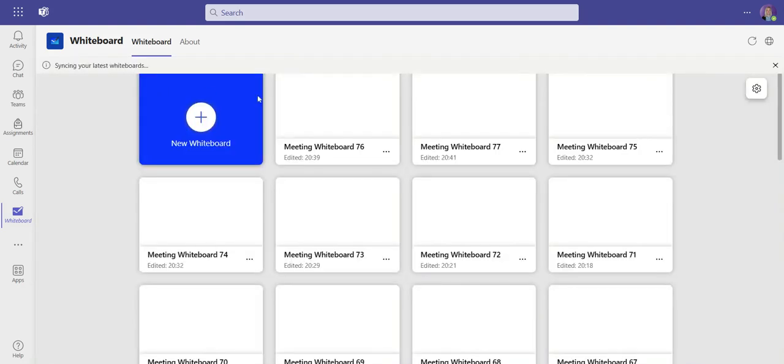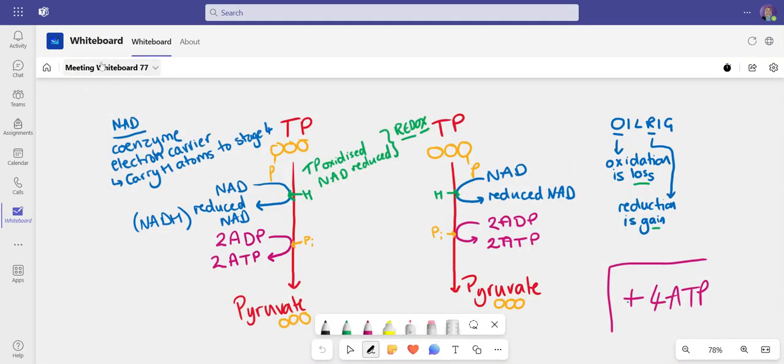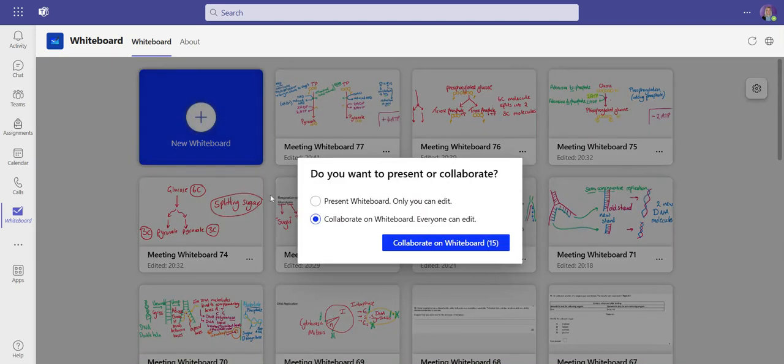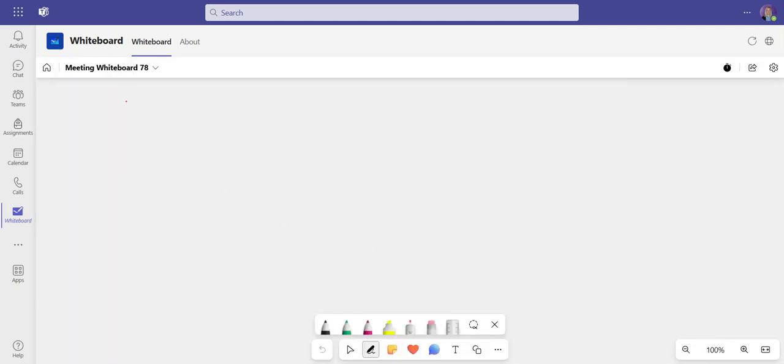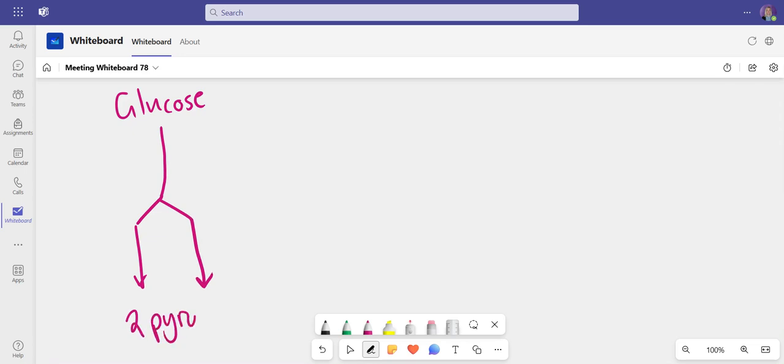So to summarise that again, just get a new board. We started with glucose. It went down, then it split, then it went down. And at the end, we ended up with 2 pyruvate. Up here, we had minus 2 ATP. We used 2 ATPs.